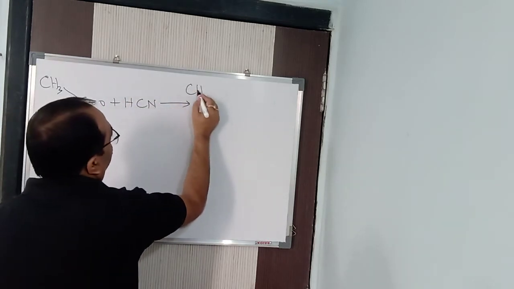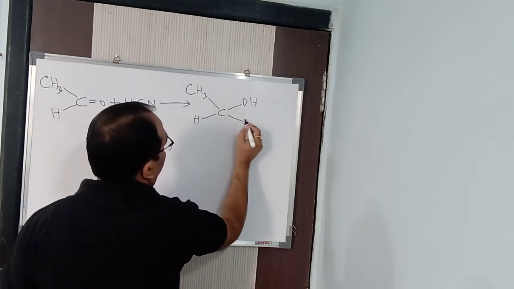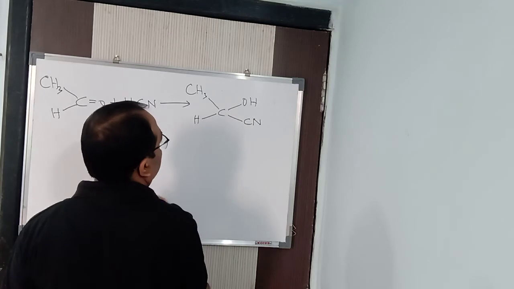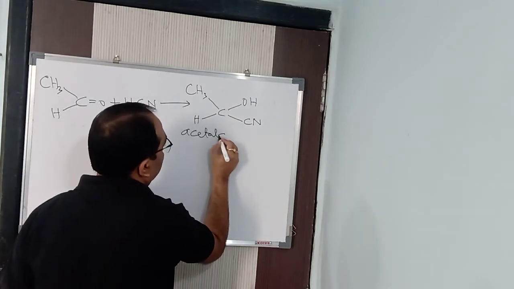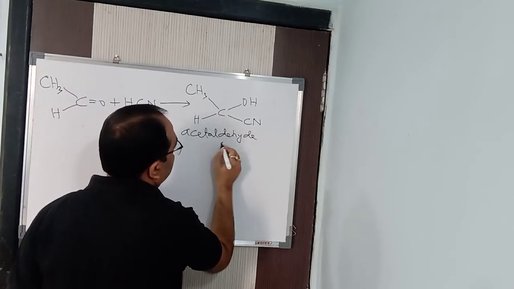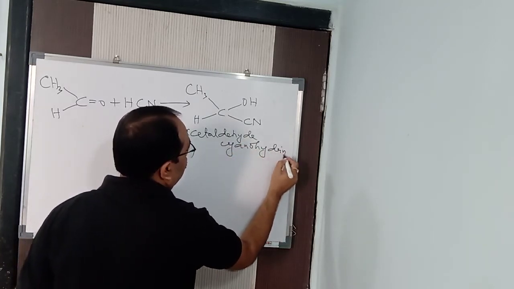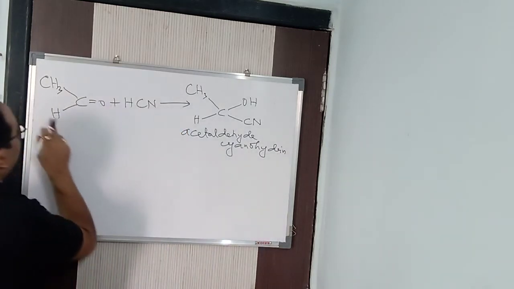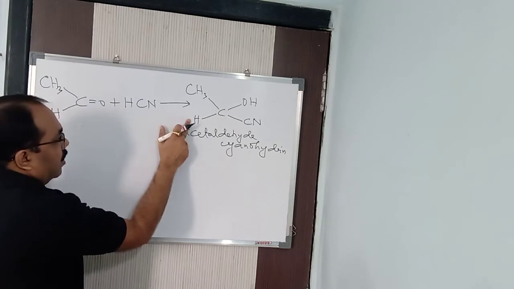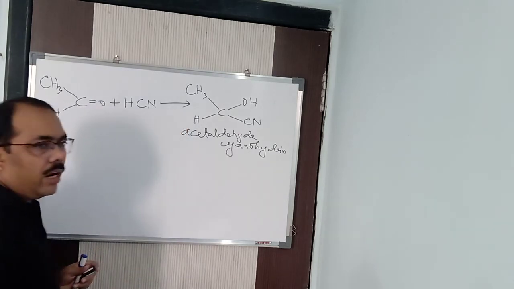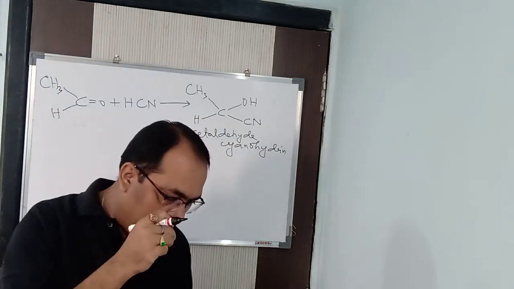We have already studied this: CH3CH with OH and CN. What is the name of this compound? Acetaldehyde cyanohydrin. If you take acetone here, with a CH3 group, then you will get acetone cyanohydrin. So we get acetaldehyde cyanohydrin or acetone cyanohydrin.